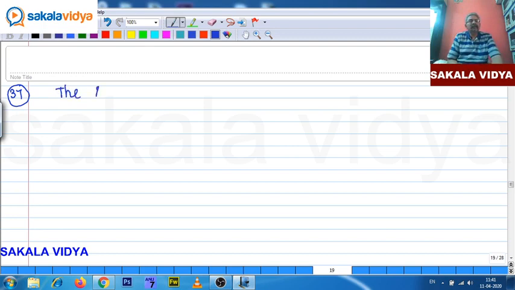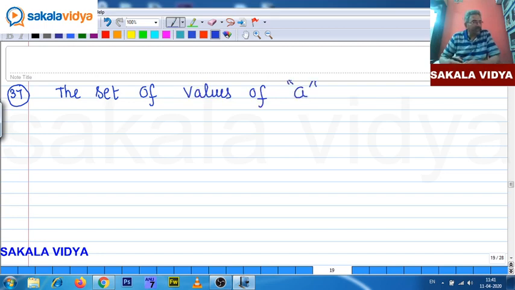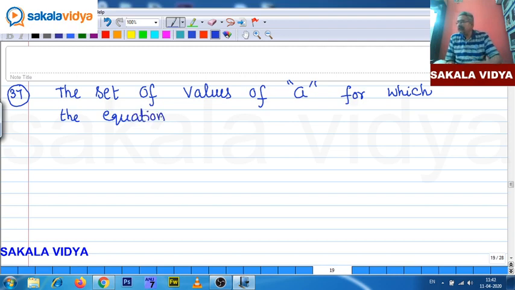The set of values of a for which the equation sin x to the power of 4 plus cos x to the power of 4 equal to a has a solution.